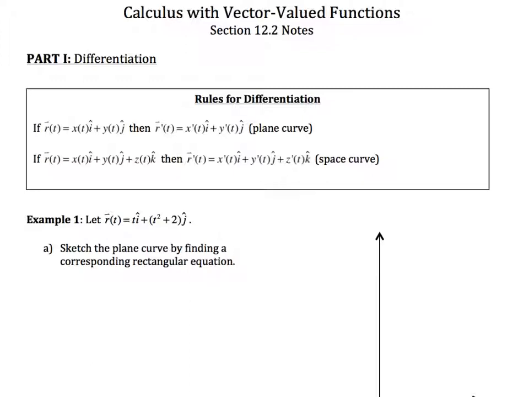All right, so let's start with differentiation. We have a vector valued function r given by some function of x times i hat plus some function of y times j hat. And notice what this says right here, that to find the derivative of your vector valued function, all you do is differentiate each of the individual components. So to get the derivative of the vector function r, differentiate your i component, differentiate your j component.